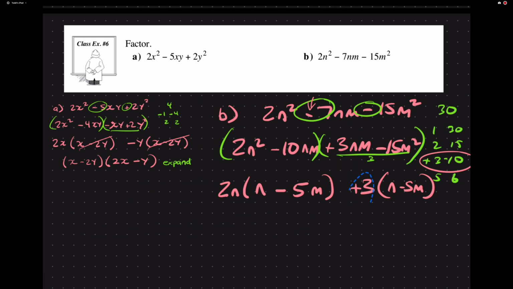So I'll move this over a little bit, make some room for the m. So I pulled out a 3m. That looks better. Okay, and now we're just going to put this back together into two binomials. The common binomial is n minus 5m, and this one goes together to form 2n plus 3m. And we're done.